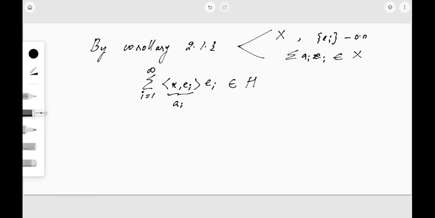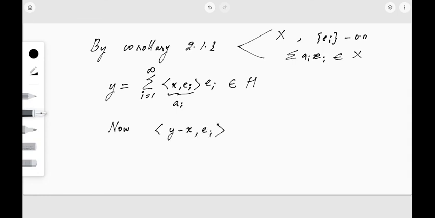If we have an orthonormal system, the term of this form is an element of the Hilbert space. So I am considering this to be y. So y is equal to summation i equal to 1 to infinity inner product x e_i, an element of H. Now let us see what is the value of the inner product y minus x, e_i.